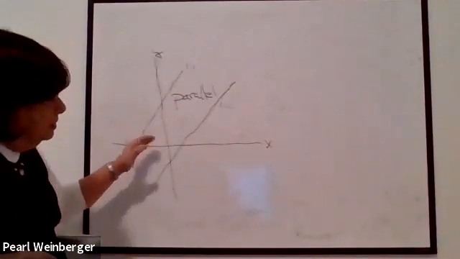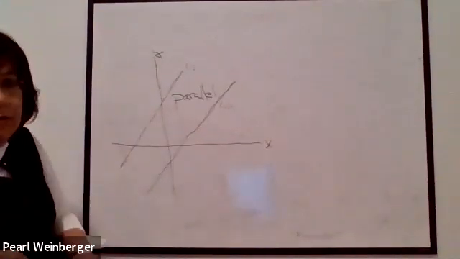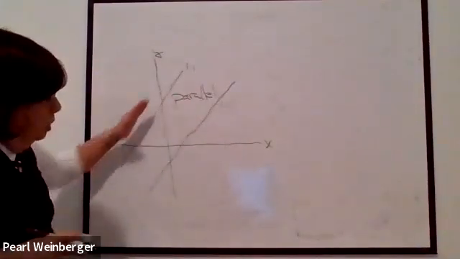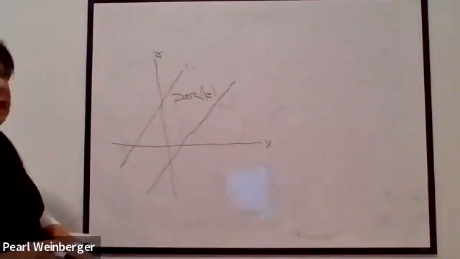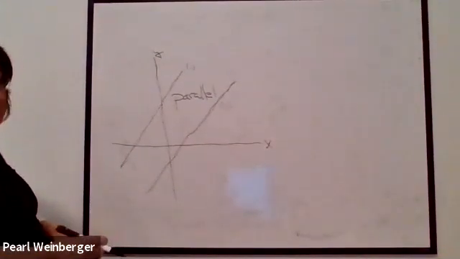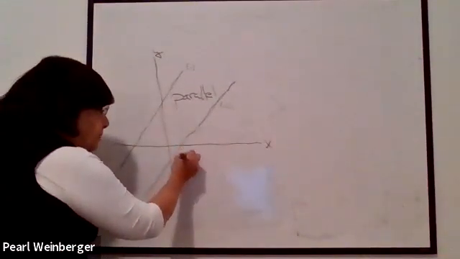And it makes sense that lines that are slanted the same amount are going to be parallel, because they have the same slope. As a matter of fact, that means that you can test if lines are parallel because the slopes have to be equal.